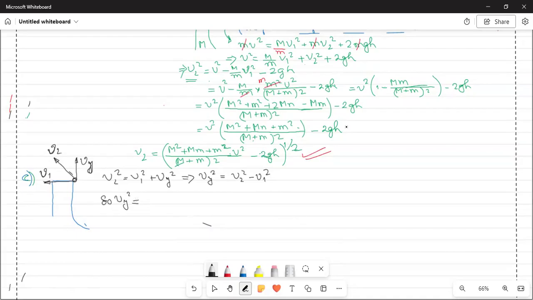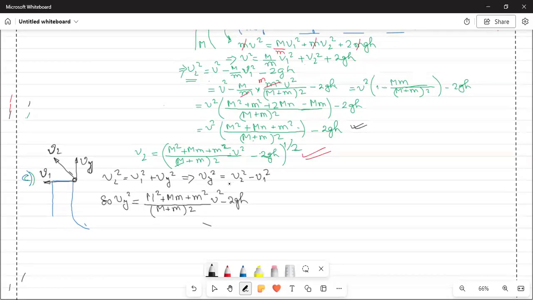V2 square we have already found here: M square plus M small m plus small m square divided by capital M plus small m whole square, and there was a v square, minus 2gh.